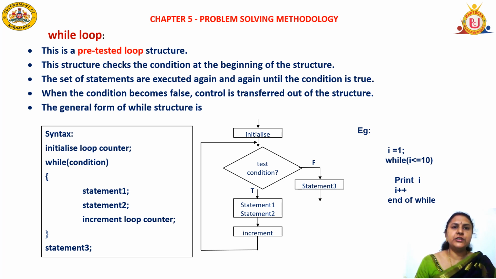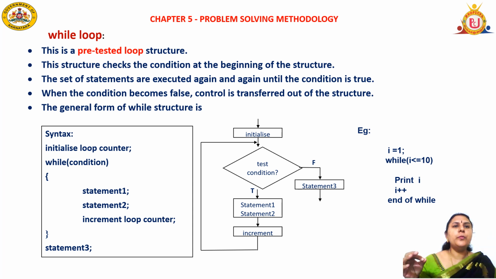The set of statements is executed again and again until the condition is true. So if the condition is true in a while loop, it will execute the statements. When the condition becomes false, control will be transferred out of the structure.